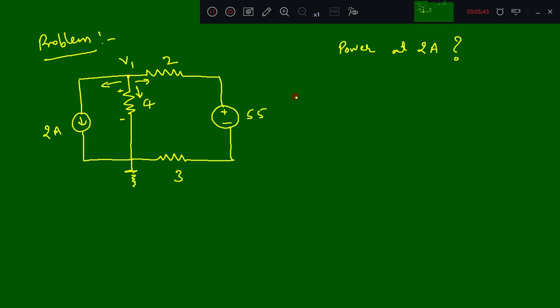What is the first equation we get? With respect to V1, this is in the opposite direction, so it is minus 55 divided by the total resistance, 3 plus 2, which is 5, plus V1 divided by 4, plus the current 2, is equal to 0.